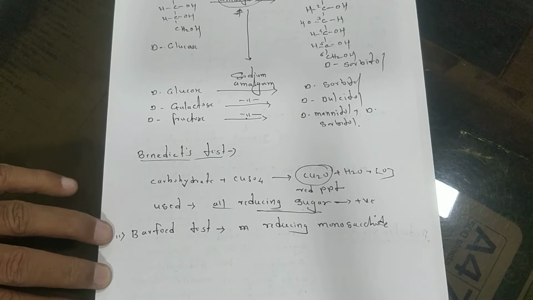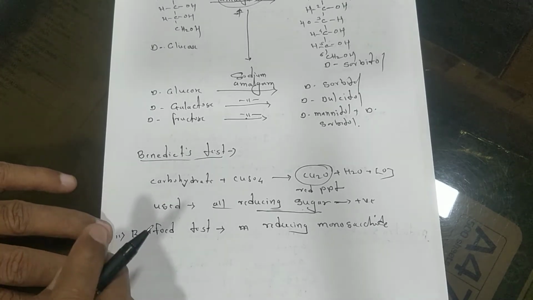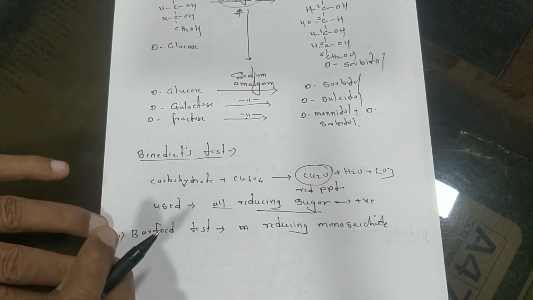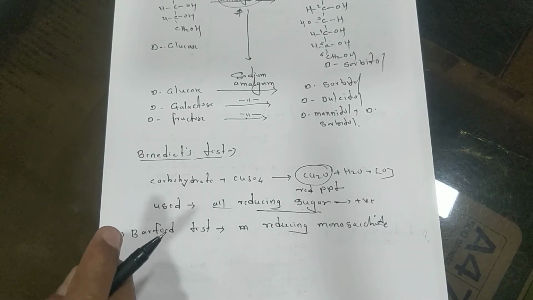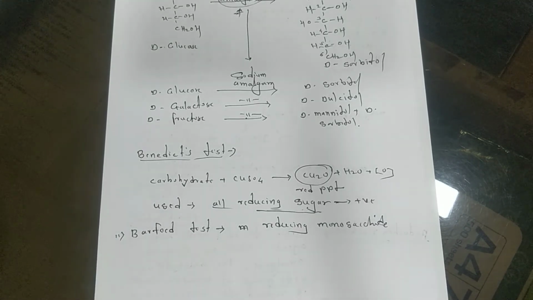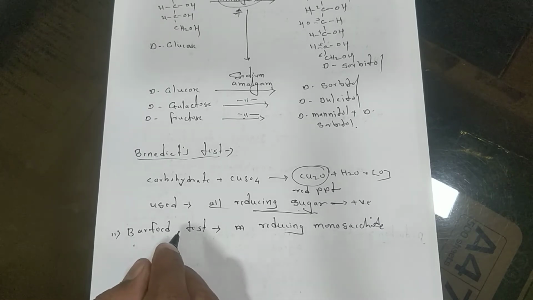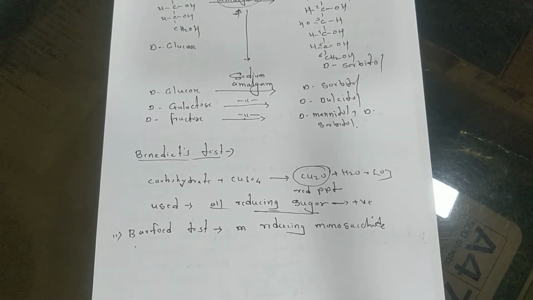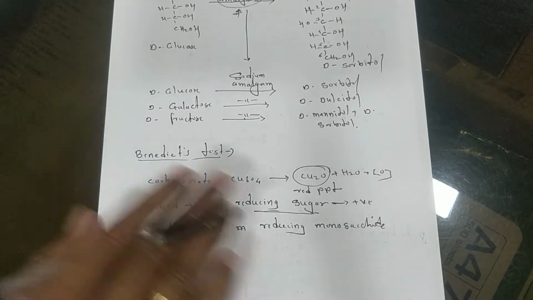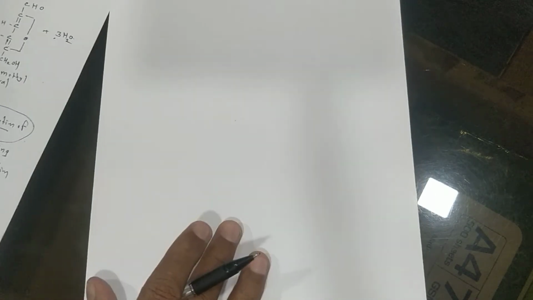Okay. Now these are the tests. See the manual and check it. Now the next test is a very important test, always asked in the annual examination for 4 marks.